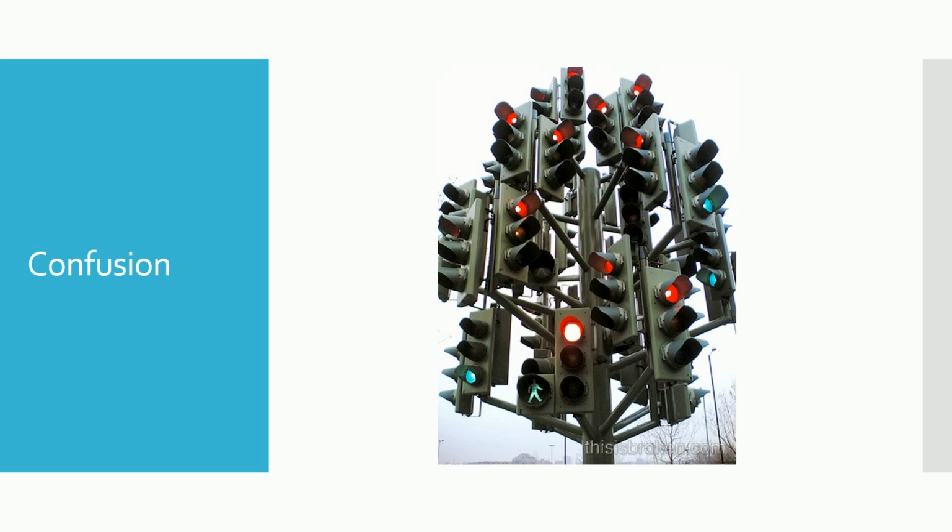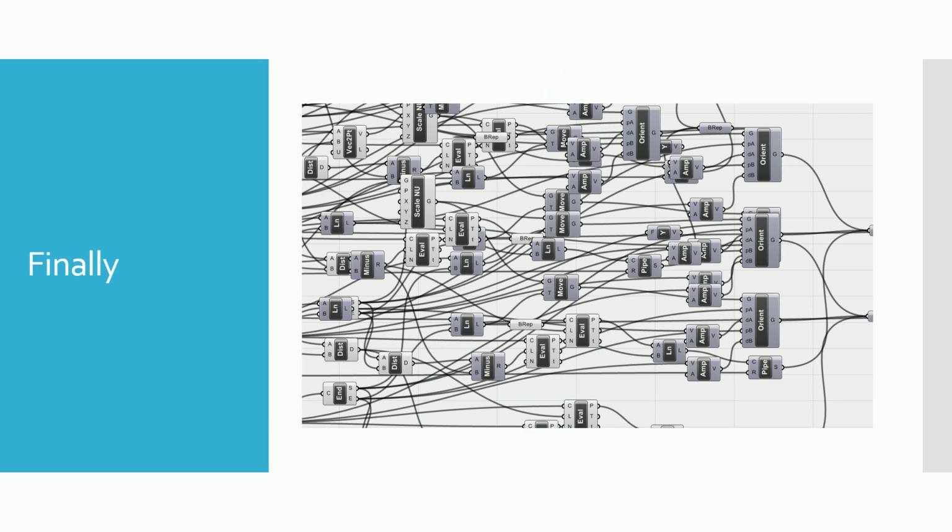So in other words, when you follow too much re-engineering, you will end up with some confusion where you cannot reuse your code. So finally, you will end up with software like this, where you may find it very difficult to change any part of the code.